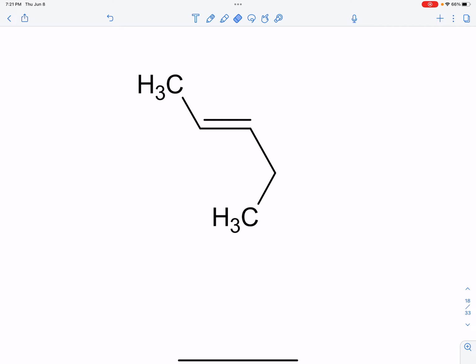If we look at those two carbons in the double bond, we notice that the methyl group up here is coming above the double bond, while the ethyl group down here is coming below the double bond. They're on opposite sides of the double bond. Because they're on opposite sides, this is going to be a trans isomer.